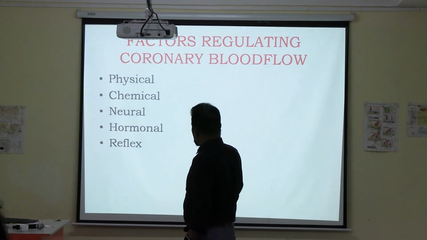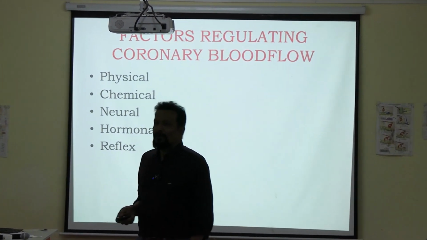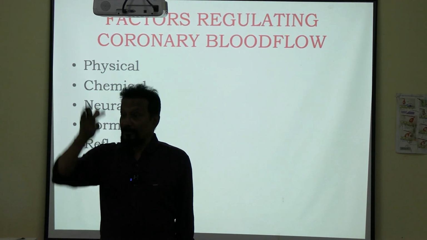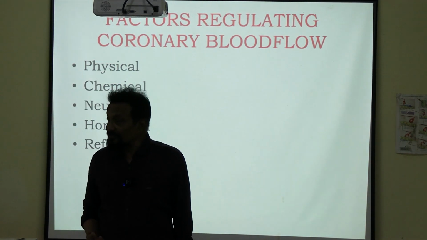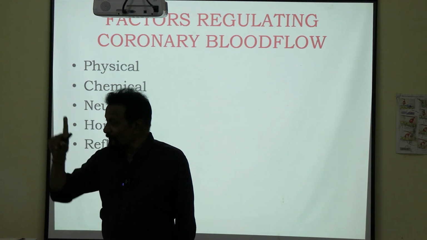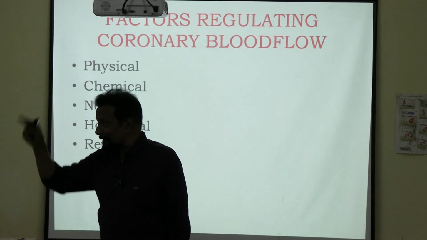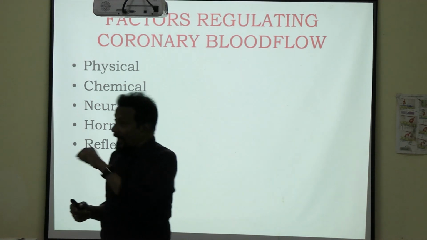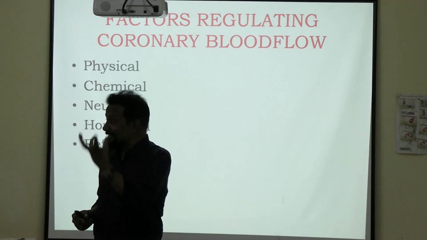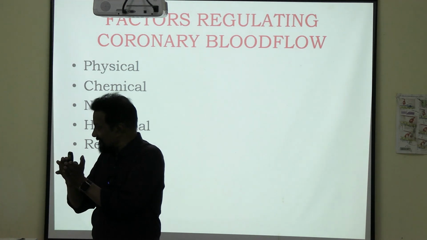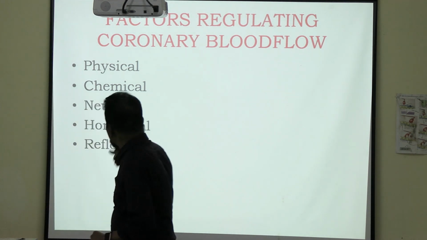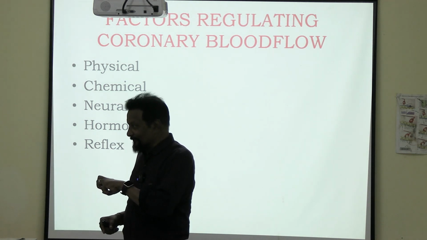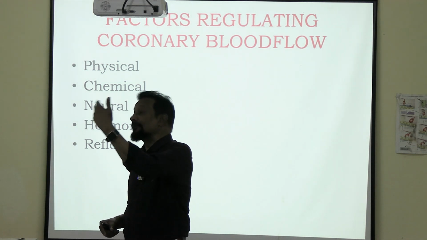Already I explained physical means blood pressure. If pressure is increased, reflexly because of autoregulation it will come down. Heart rate, I have also explained: if heart rate is increased, filling time is decreased, so flow will be affected. Chemical, already explained: accumulation of metabolites can dilate it.